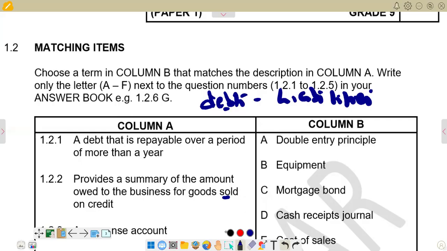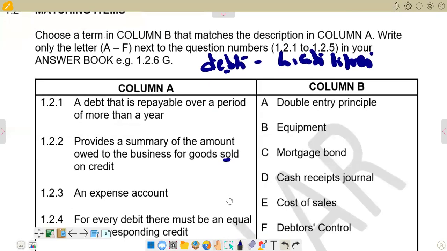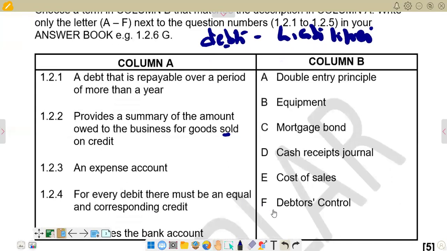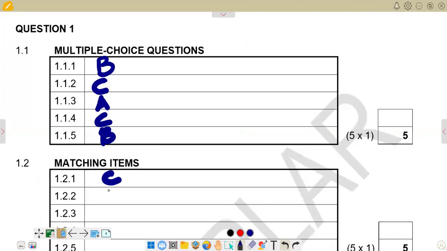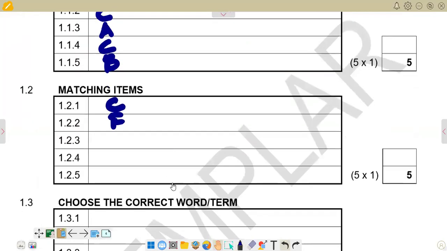So you can just look for a response that is explaining within that context. If you come to F, we have debtors' control. So on 1.2.2, we have debtors' control, which is F, as the most appropriate answer. Then we can go to the next question, which is 1.2.3.